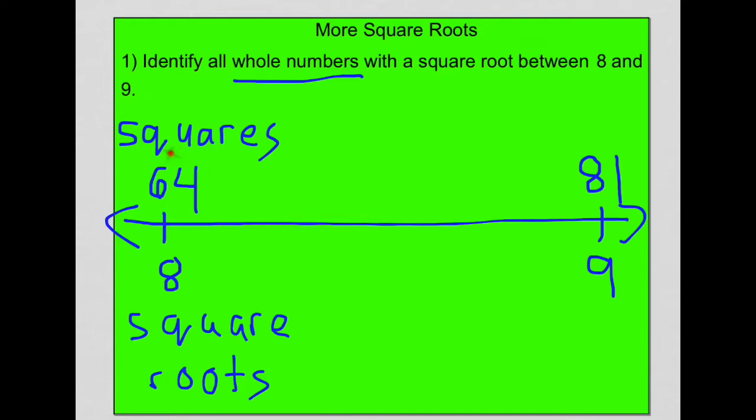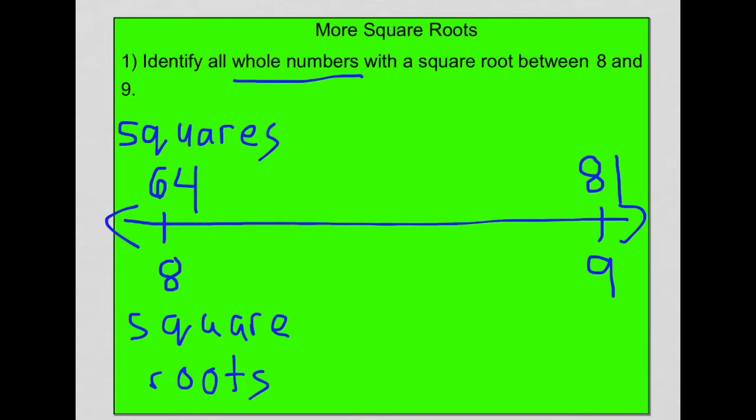Now 64 has a square root of exactly 8, and 81 has a square root of exactly 9. So we wouldn't include those, but we would include any number between 64 and 81. Now the question specifies whole numbers. So that means all the whole numbers that fall between 64 and 81 will have a square root between 8 and 9.